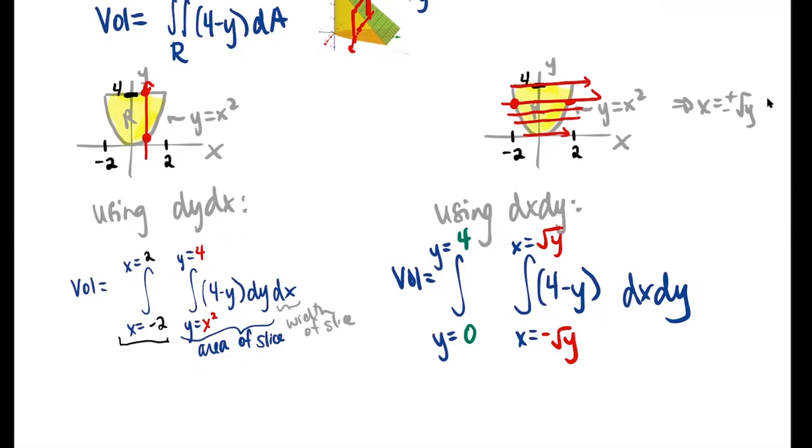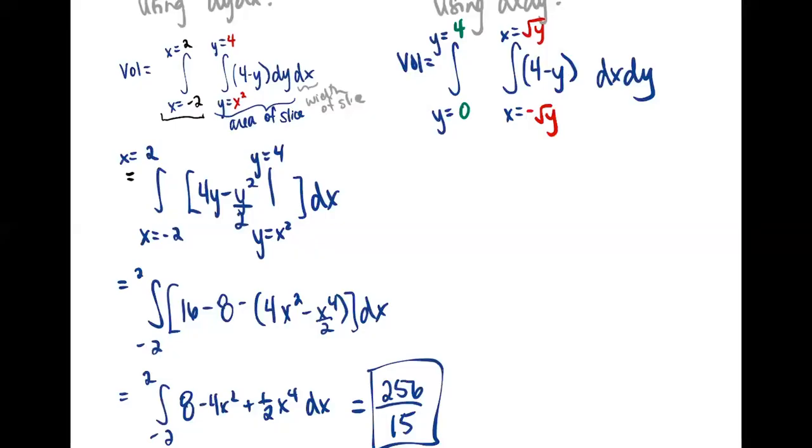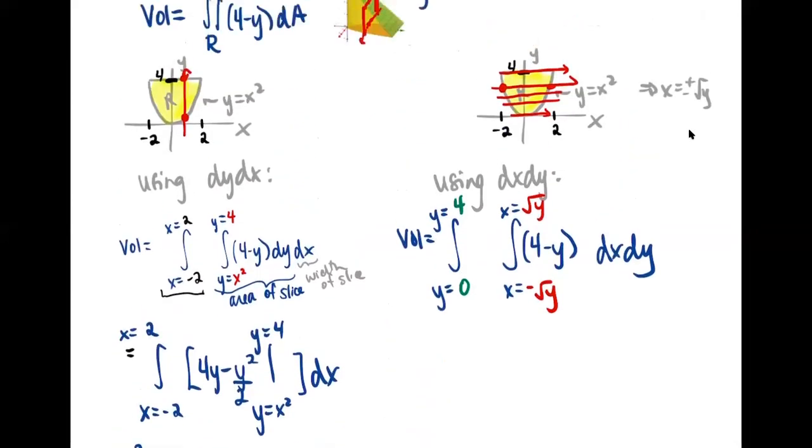This is just a bunch of algebra. There's no tricky integration technique. But when you do the final integral, if you finish it, there's just some algebra, but it ends up giving us 256/15, which is going to be the volume of the original region up here.